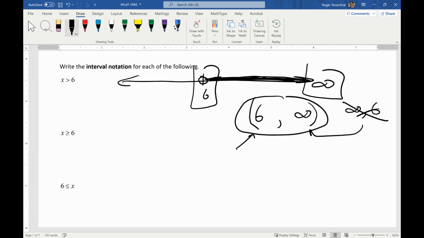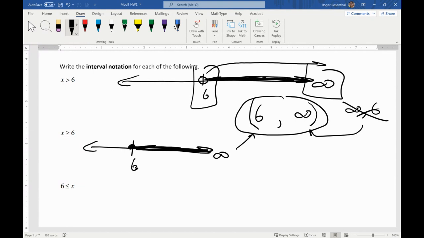This means all the numbers larger than 6 and all the way up to infinity. That's called interval notation. If we actually included 6 as one of the answers, which is what this is saying, in interval notation that would be bracket 6, comma, infinity.